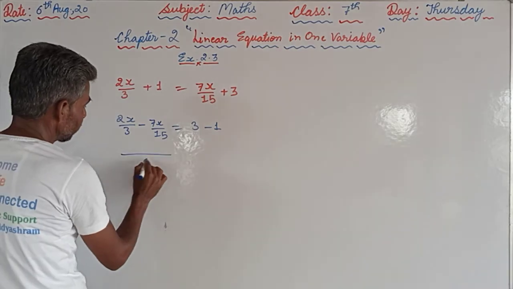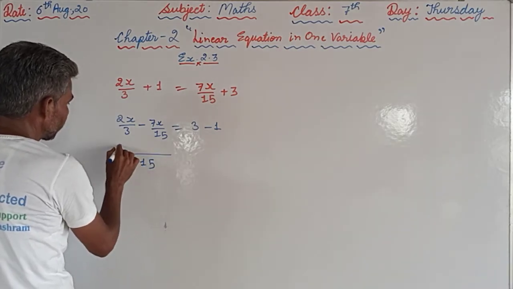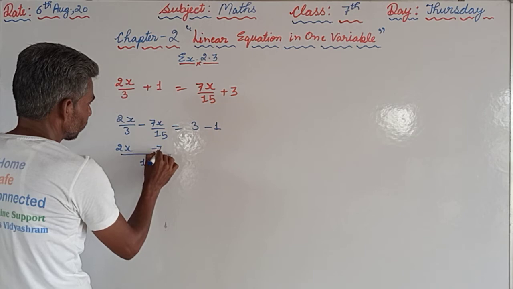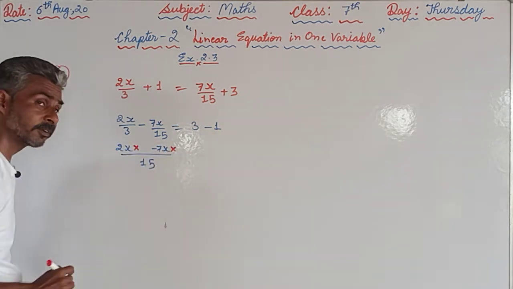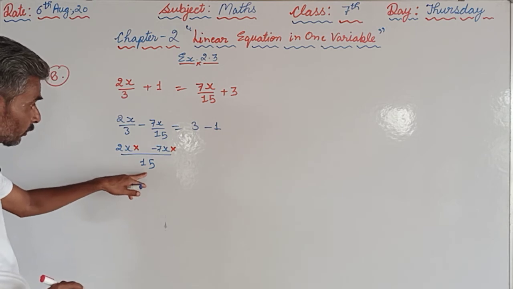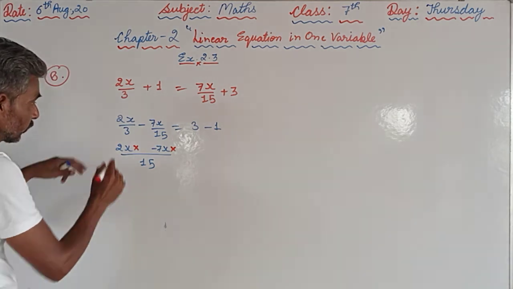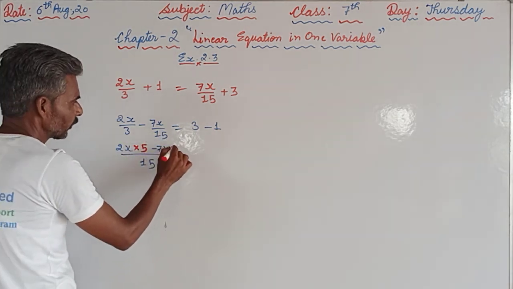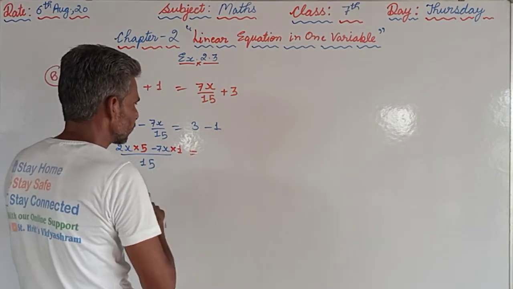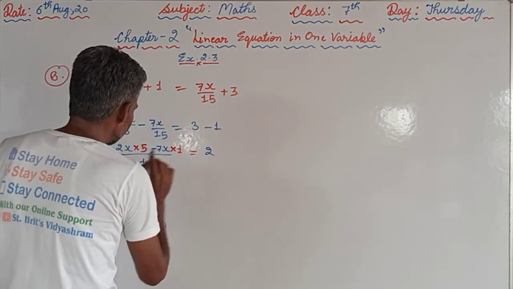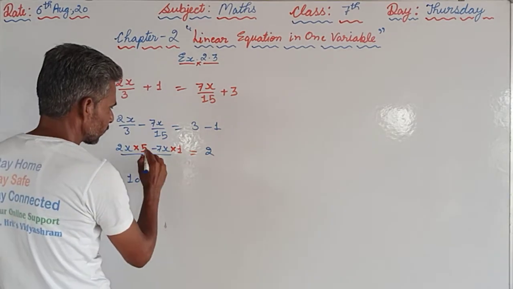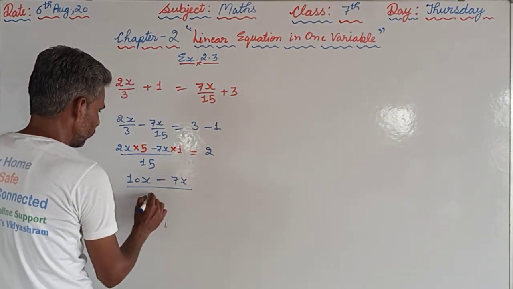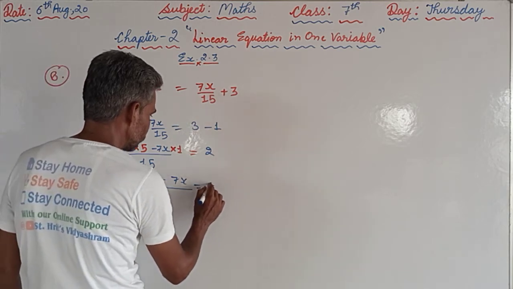So we will take the LCM, that is 15. We will write 2x here and we will write 7x here. We are supposed to multiply by any number. By which number we have to multiply? We have to divide the LCM by the denominator. So 3 5 ja 15 and 15 1 ja 15, and this side 3 minus 1, that is 2. So 2x into 5, that is 10x minus 7x upon 15 is equals to 2.